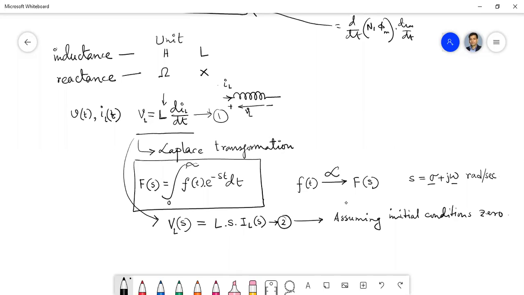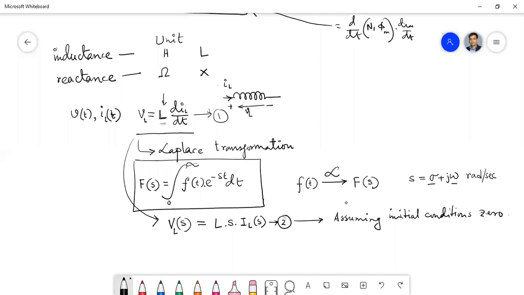So previously the relation between this VL and IL was an inductance L with the derivative sign. Now you have no derivative sign. What you have is only an s term, and s is multiplied with L and there is no derivative.